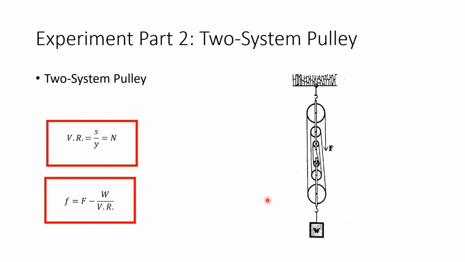So in your setup, you'll be counting the number of strings that go through here, and then measuring the velocity ratio. Once you have the velocity ratio, plug it into this equation and you get the friction. And you know that F is going to be the weight that is being hung here to do the work, and W is going to be the amount of weight that you have on this.